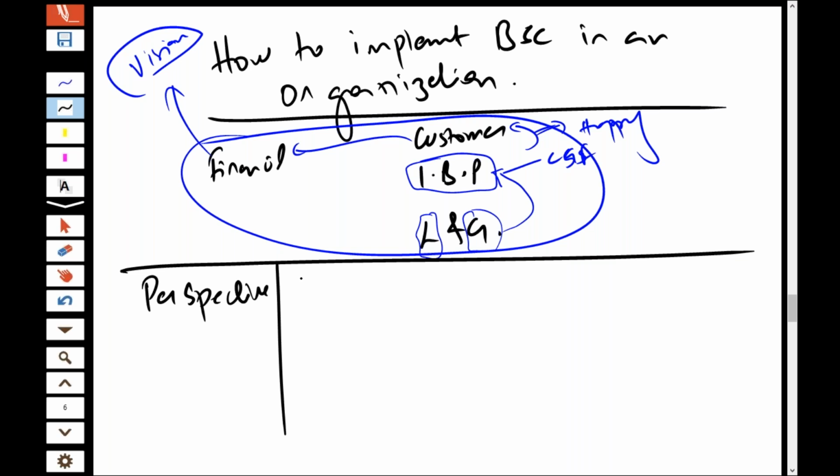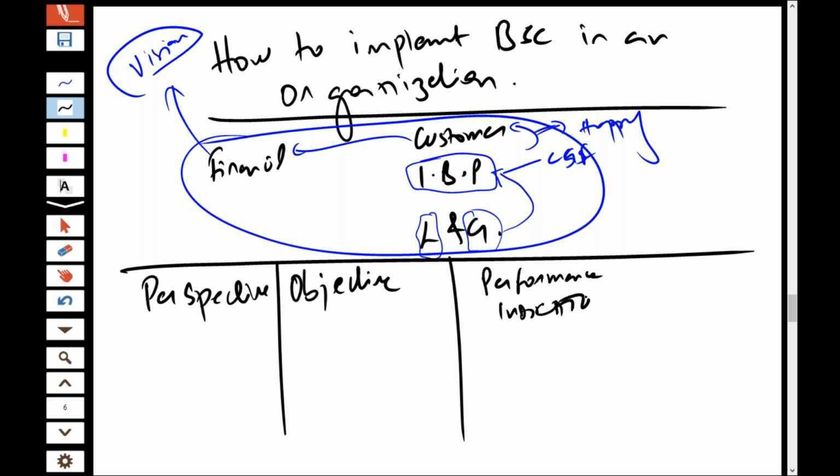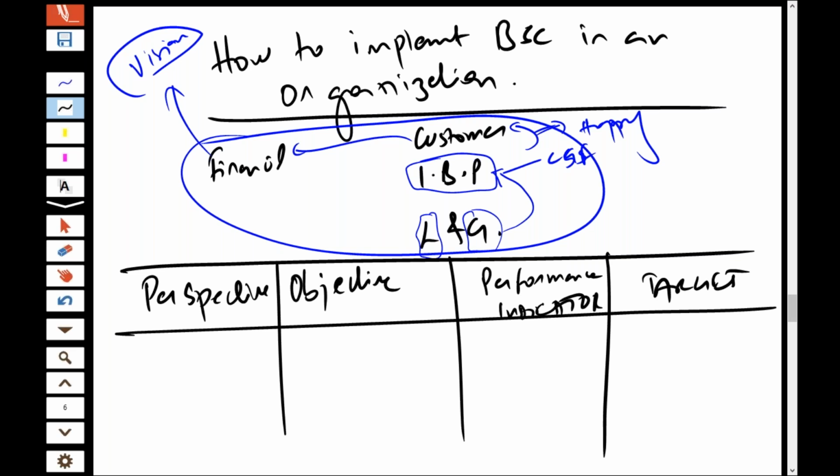You would say perspective, you would say objective, you would say the performance indicator, and you would say the target. Perspective, objective, performance indicator, and the target.